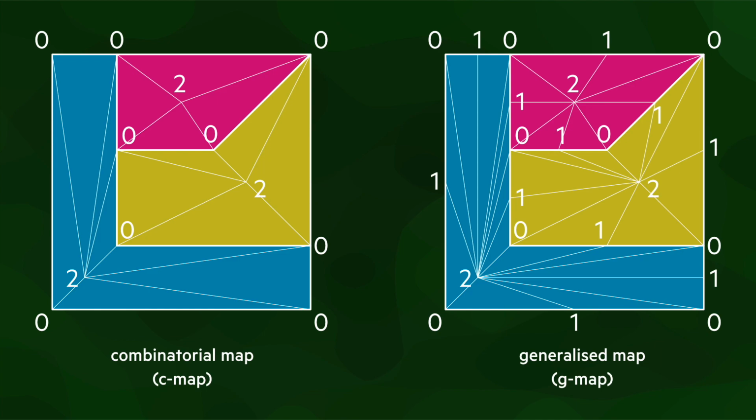As you can see here, this means that there are exactly 2 generalized map darts for every combinatorial map dart. And every dart in the generalized map has a vertex marked with 0, a vertex marked with 1, and a vertex marked with 2. So, we can say that a generalized map dart is a unique vertex-edge-face combination, whereas a combinatorial map dart is a unique edge-face combination.